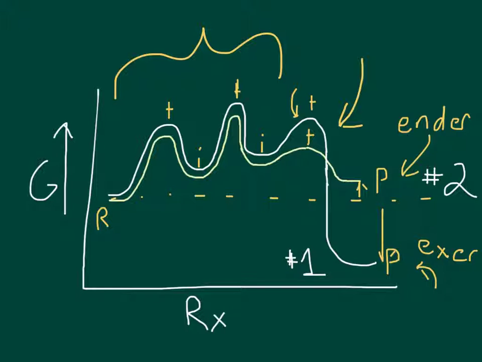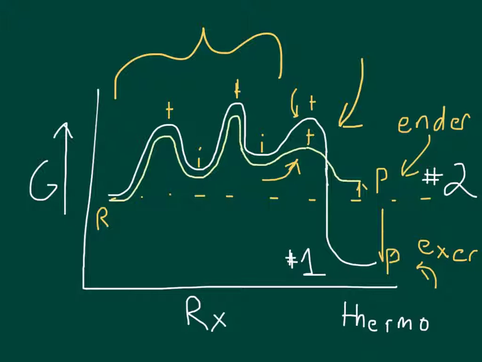Since the first pathway led to products that were the lowest in energy or the most stable, we call those the thermodynamic product. Now let's look at the difference between these two peaks, the transition states. For pathway number 2, we actually had a lower peak, which means that the activation energy is lower.